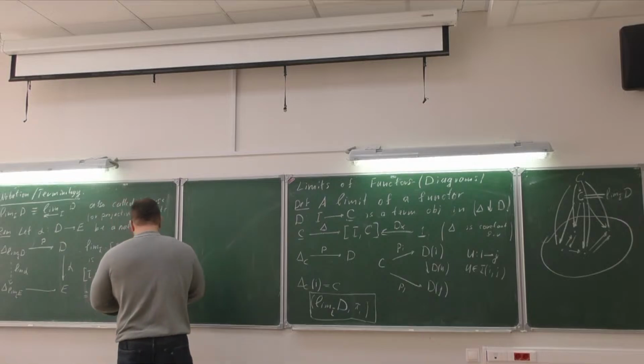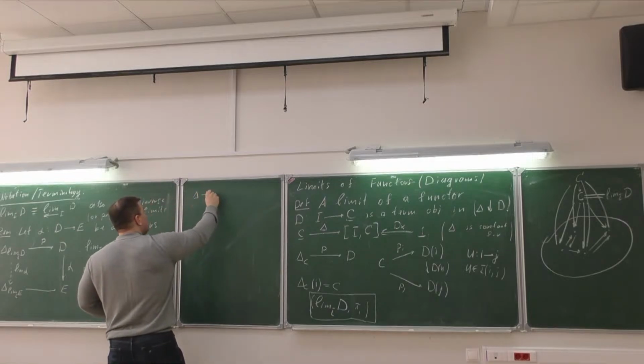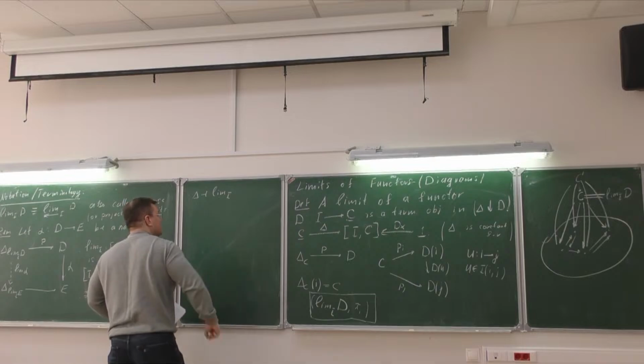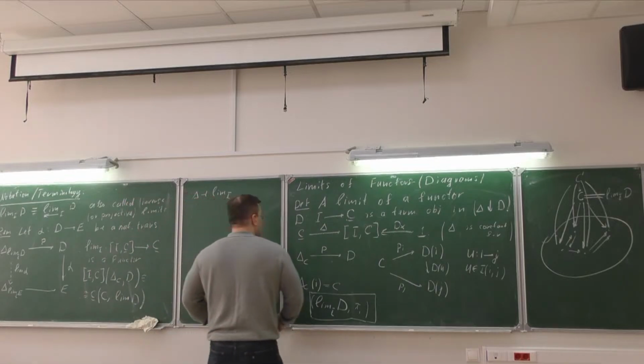And the conclusion is that the limit sub I is in fact the right adjoint functor for the triangle functor.